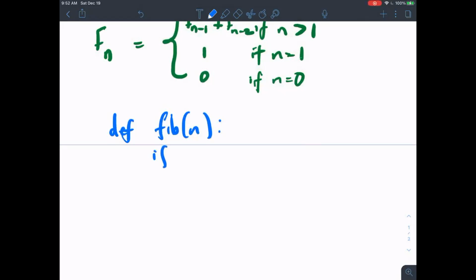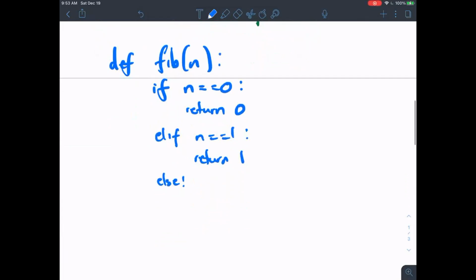If n is equal to 0, we just return 0, elif n is equal to 1, we just return 1, else we just return Fibonacci of n minus 1 plus fib of n minus 2.